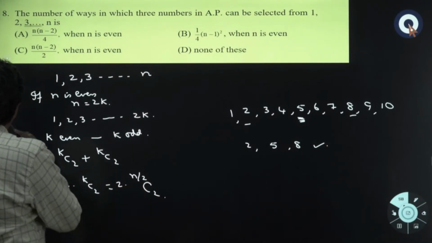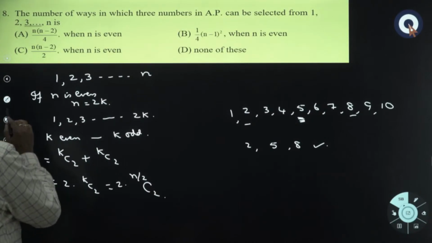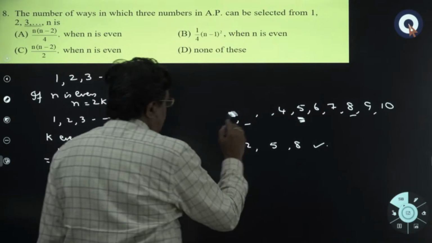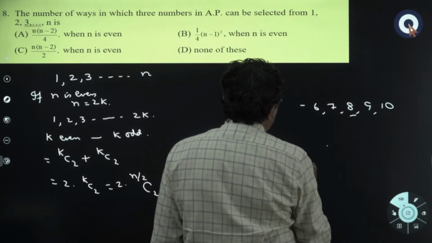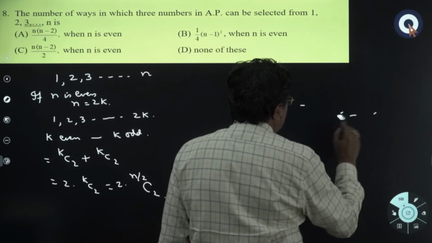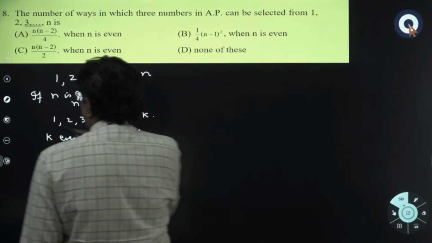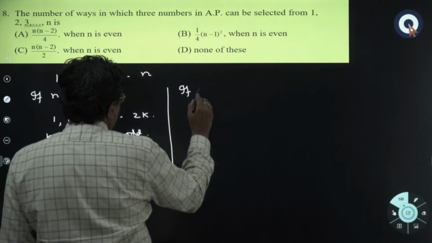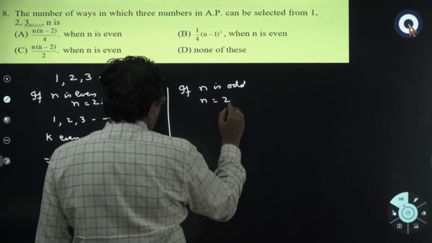Next. Now suppose n is odd. If n is odd, then let n be equal to 2k plus 1.